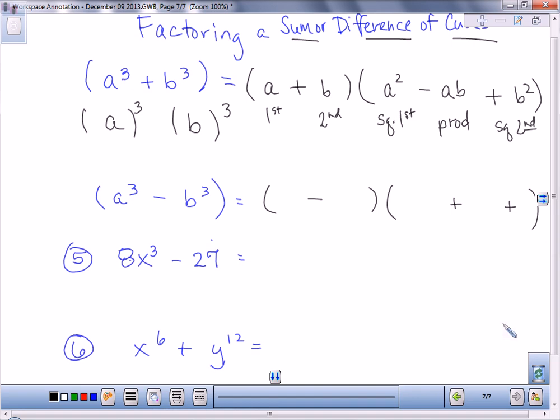That is something different. That is when we are squaring a binomial. But this is factoring a sum of cubes. On this one, I've got A being cubed and B being cubed, so it's the same process. What's being cubed? A. What's being cubed? B. Square it, product, square it.